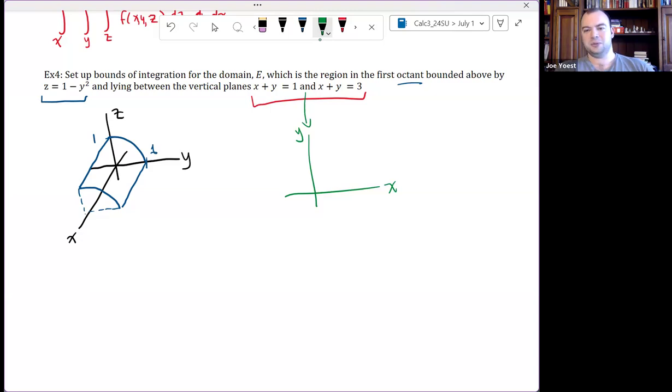And x plus y equals 1. Well, when x is 0, y is 1, and when x is 1, y is 0. That's x plus y equals 1. And then, of course, x plus y equals 3, a parallel line, just a couple units up and to the right.